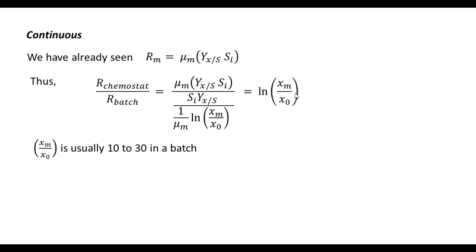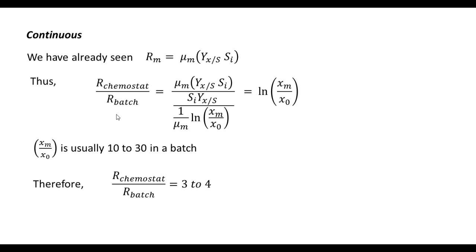Typically, in a batch situation, you have the maximum cell concentration being about 10 to 30 fold the initial cell concentration. That's what usually happens in a batch. Therefore, the log of this range of values of xm by x naught would be 3 to 4.